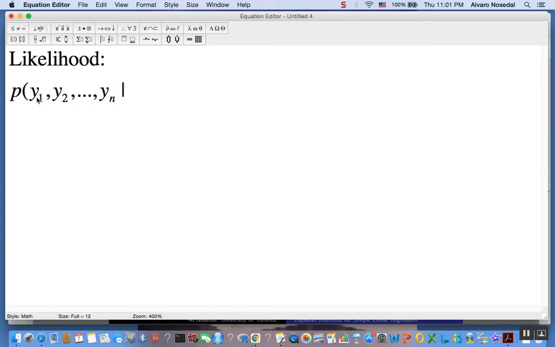So the probability of observing that sample given particular values for the parameters alpha x bar and beta, right?